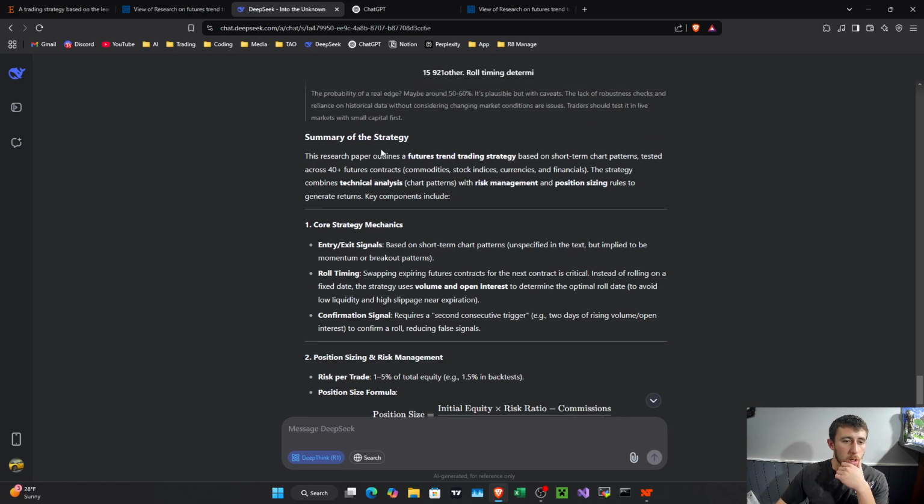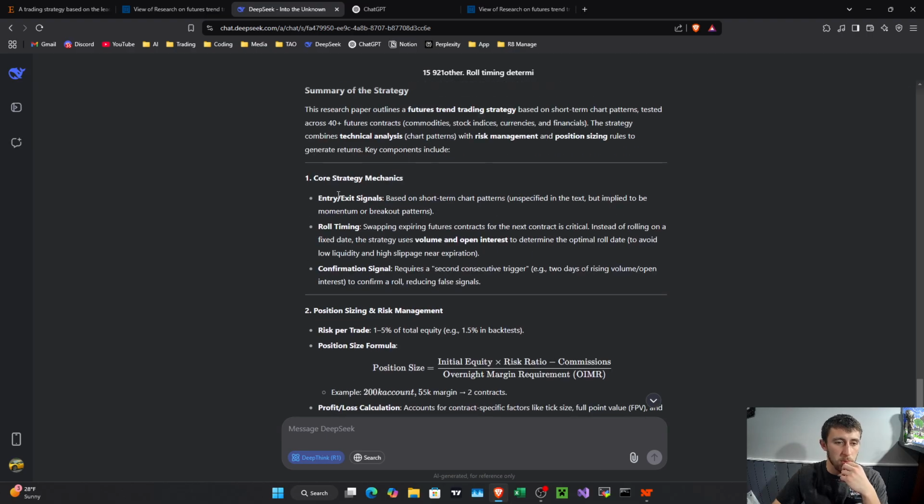All right. So thoughts. This strategy paper outlines a futures trend trading strategy based on short-term chart patterns tested across 40 plus futures contracts. So that is good. You'd like to see that. So it combines technical analysis with risk management and position sizing rules to generate returns. So position sizing, you need to watch out for that, and I'll tell you why later.